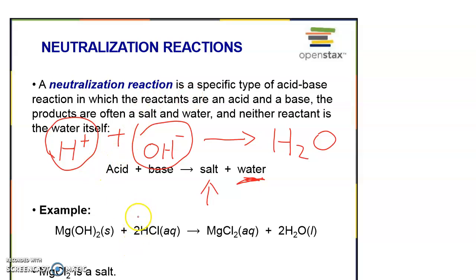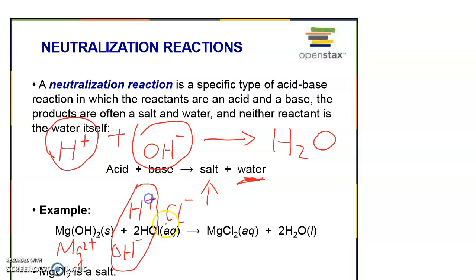Over here, we have magnesium hydroxide reacting with hydrochloric acid. When hydrochloric acid dissolves in water, it forms H plus and the anion. The base, when it dissolves in water, gives us the Mg cation and the OH anion. We know that H plus and OH minus are going to combine and give us water.